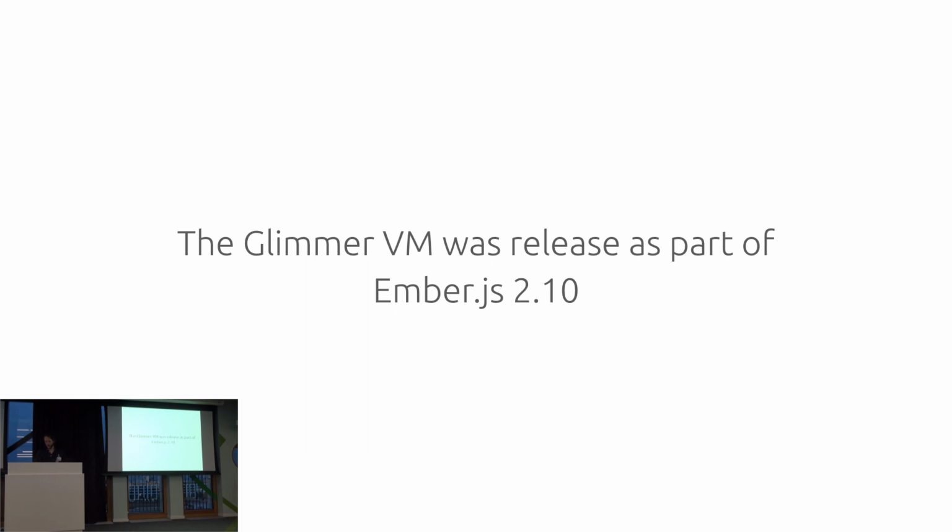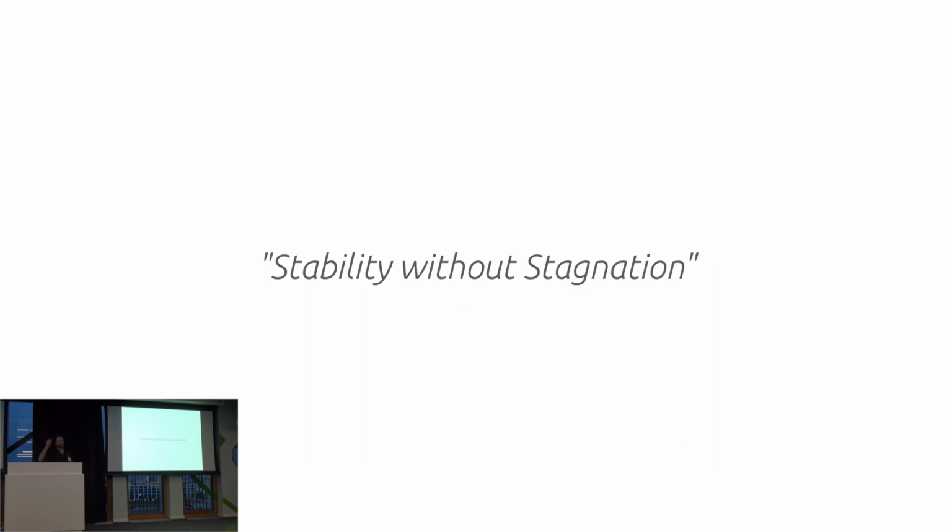And this is what we refer to in the community as stability without stagnation. Probably, or hopefully, most of you have heard that. And that's obviously a really nice thing if you do front-end web development and still do that in a stable ecosystem. That's also pretty rare, probably.